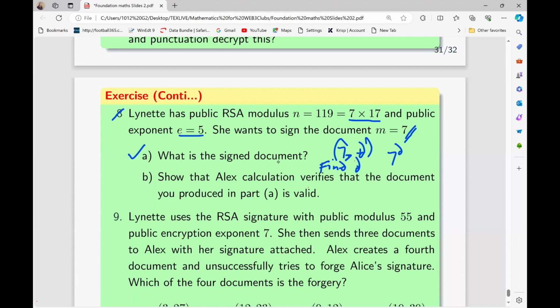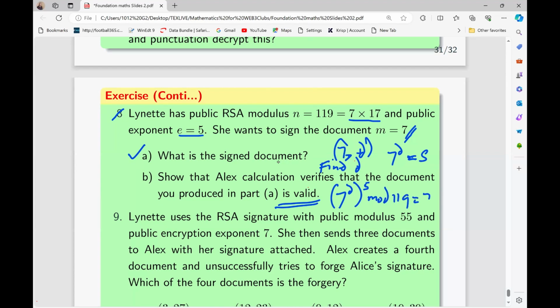Now show that Alex's calculation verifies that the document you produced in part A is valid. So just saying, show that this document was signed by Lynette. What that means is, take the message you found here. Let me say that this is the signature. Take this signature and raise it to E, mod 119.